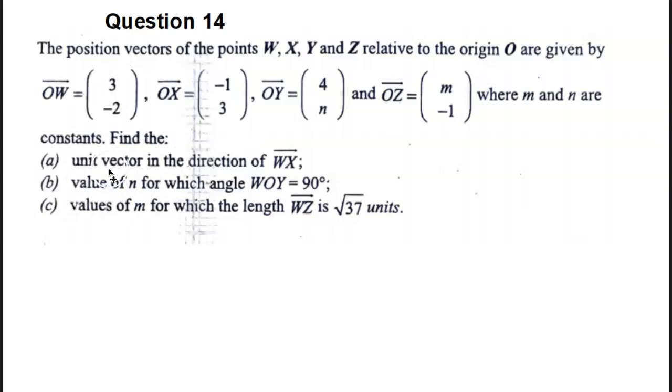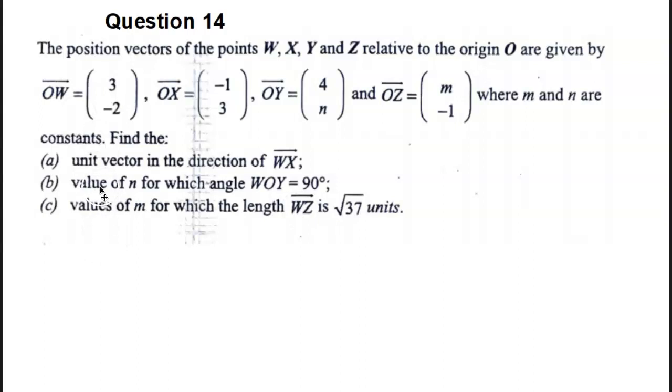We have to find (a) a unit vector in the direction of vector WX, (b) the value of N for which angle WOY is equal to 90 degrees, and (c) the value of M for which the length of vector WZ is root 37.